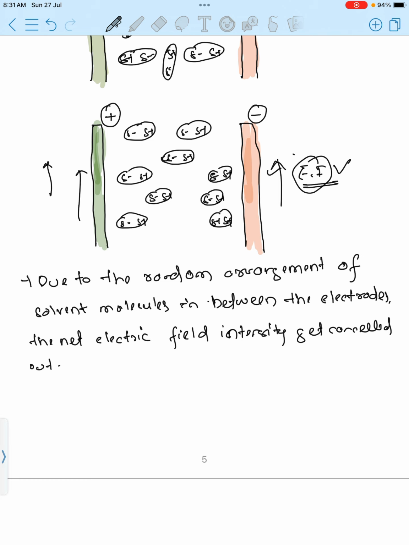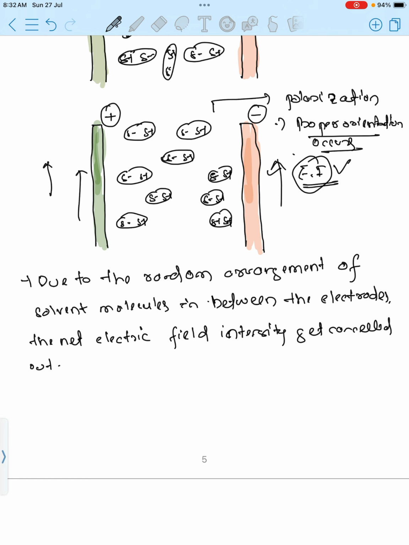So now the polarization effect changes. That means proper orientation occurs, and when proper orientation occurs, the solvent molecules can no longer decrease the electric field intensity.